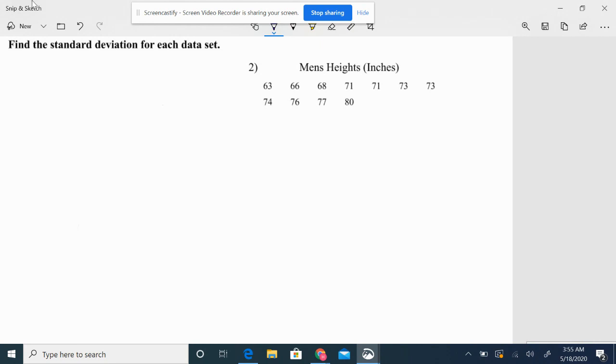So I'm going to say my average. Once again, start getting used to the Greek letters. We call this mu. My average is 72.